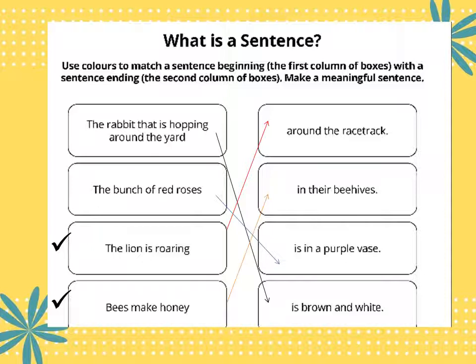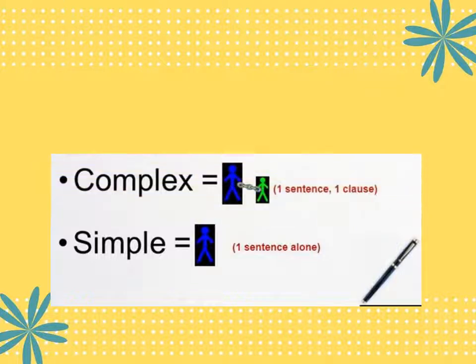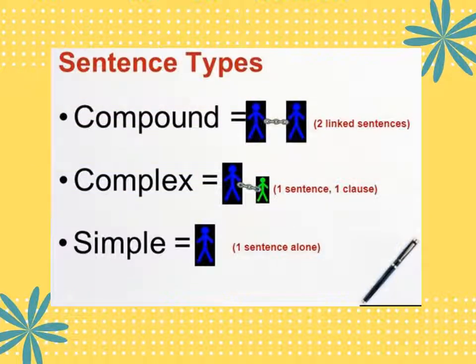And bees make honey in their beehives is a sentence. What you have there are simple sentences. Yeah, each of them is one sentence alone. But later on, you will learn about complex and compound sentences. But today we are going to learn about compound sentences.